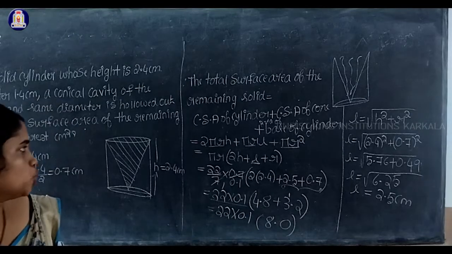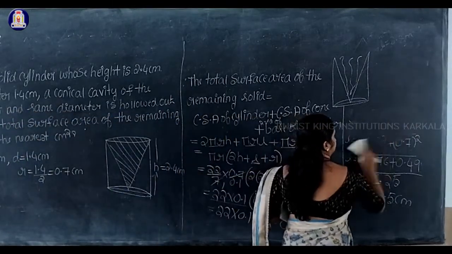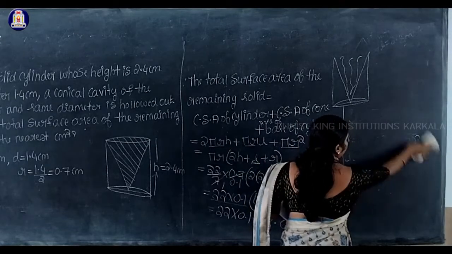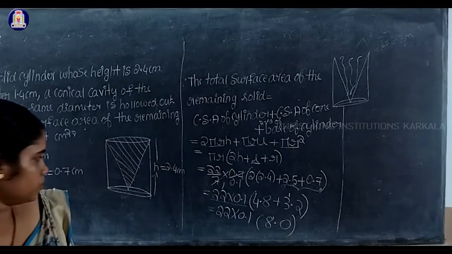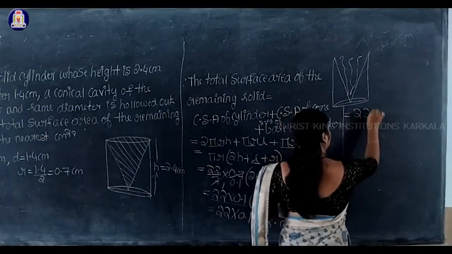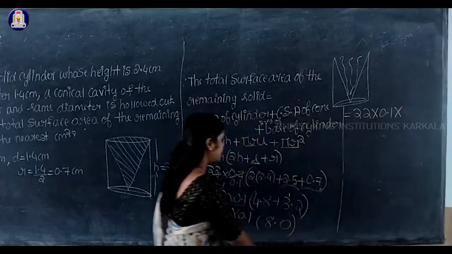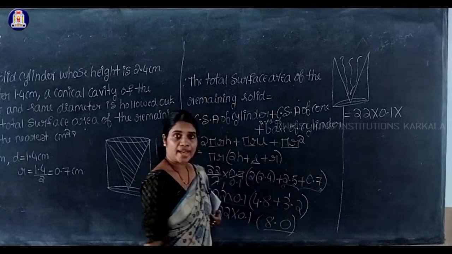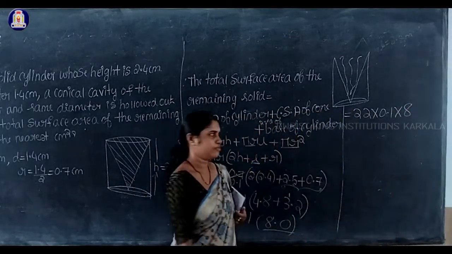But students remember, 8.0 is nothing but 8 itself, right? So now this is equal to 22 into 0.1 into, I'll write this 8.0 as 8, because 8.0 is nothing but 8 itself.